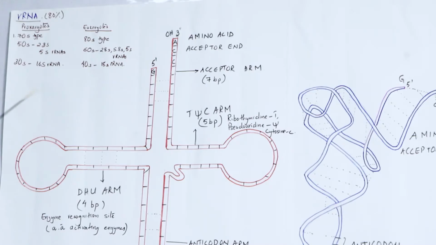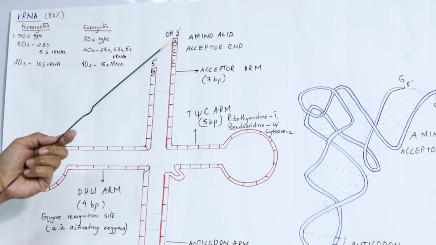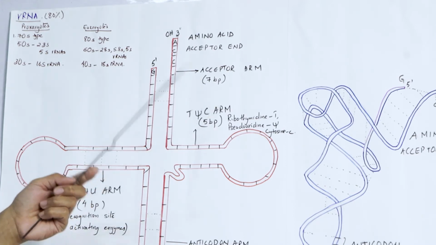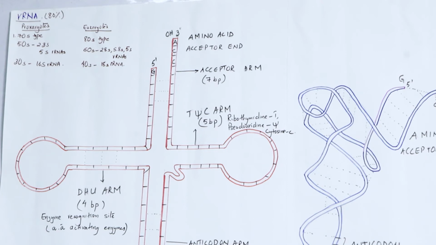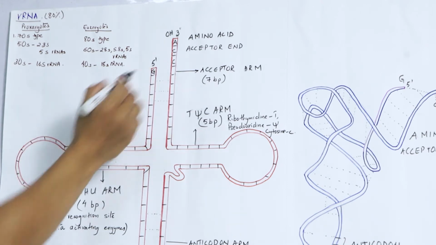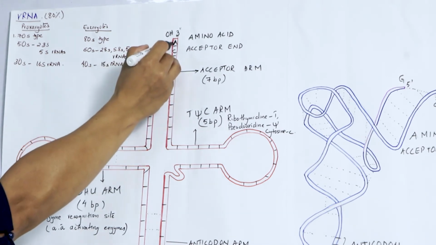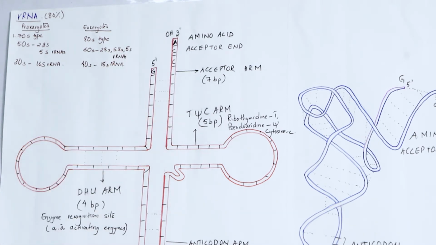So this 3' acceptor arm is responsible for receiving the amino acids from the cytoplasm and connecting them during translation. This acceptor arm is a stem of 7 base pairs, and ends in a base sequence of CCA, the cytosine cytosine adenine arm, and this base A receives the amino acid.